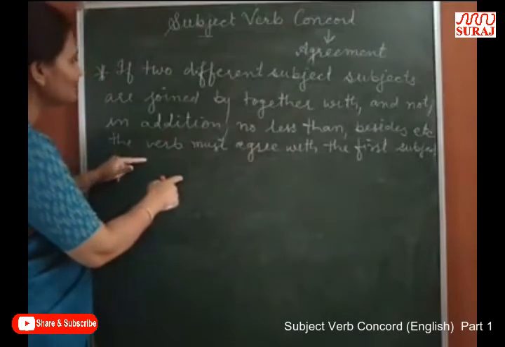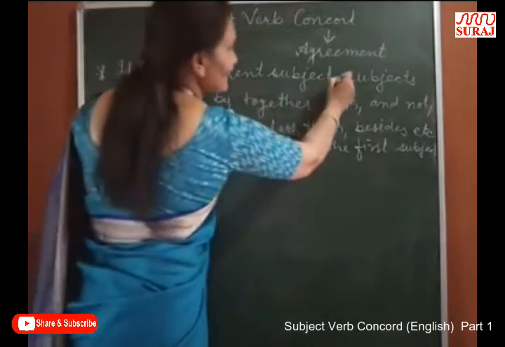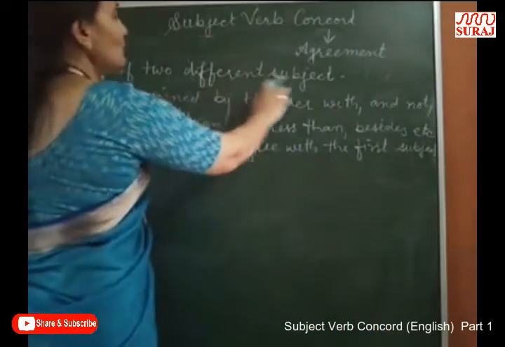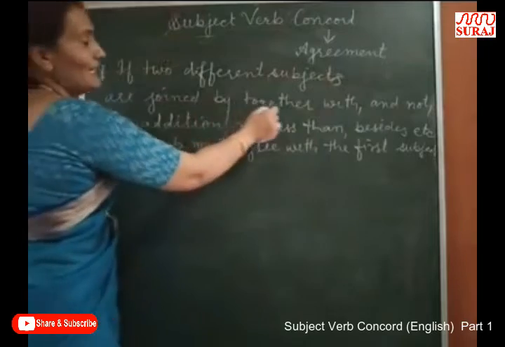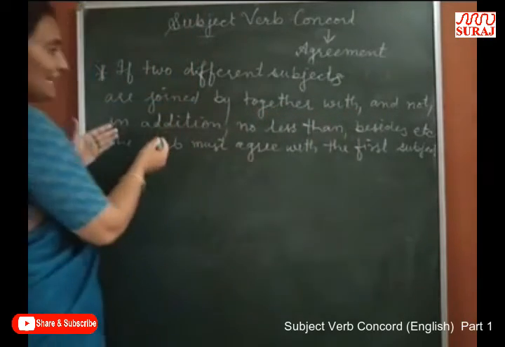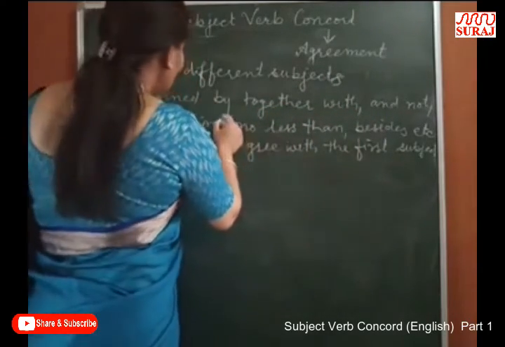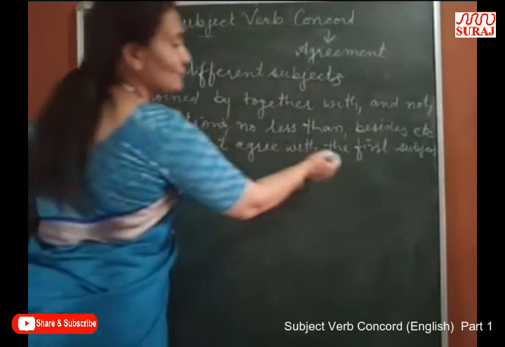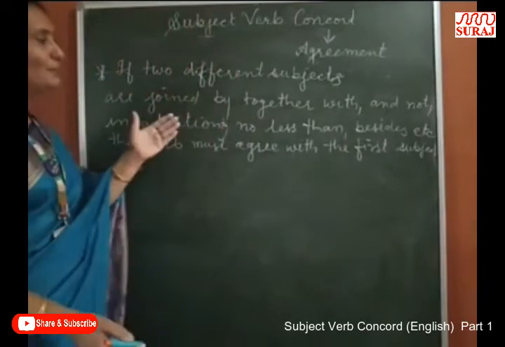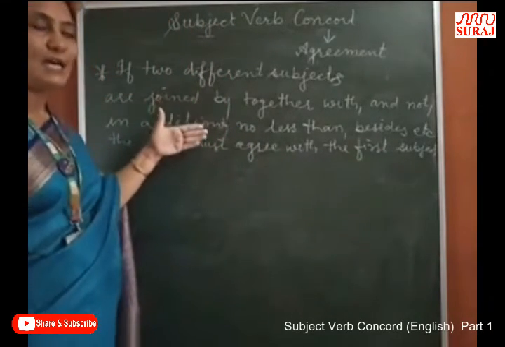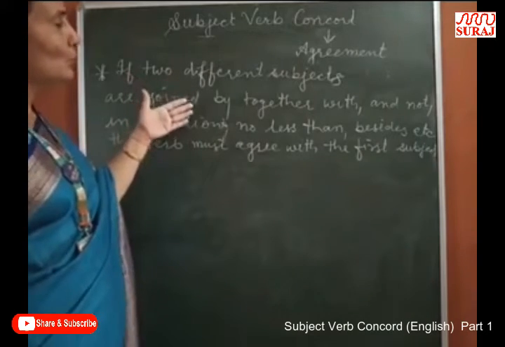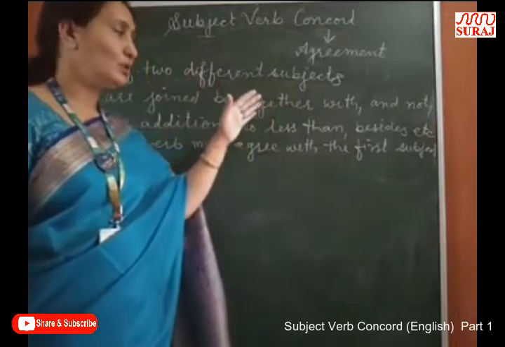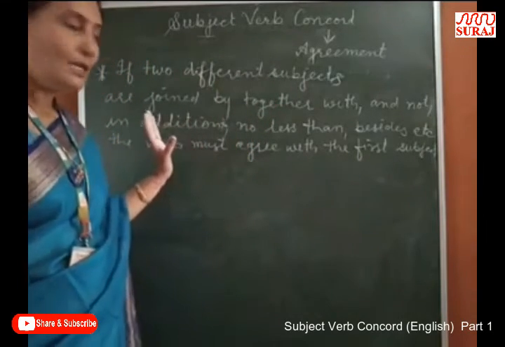But here, if two different subjects are joined by together with, and not, in addition to, no less than, besides, etc., the verb must agree with the first subject.